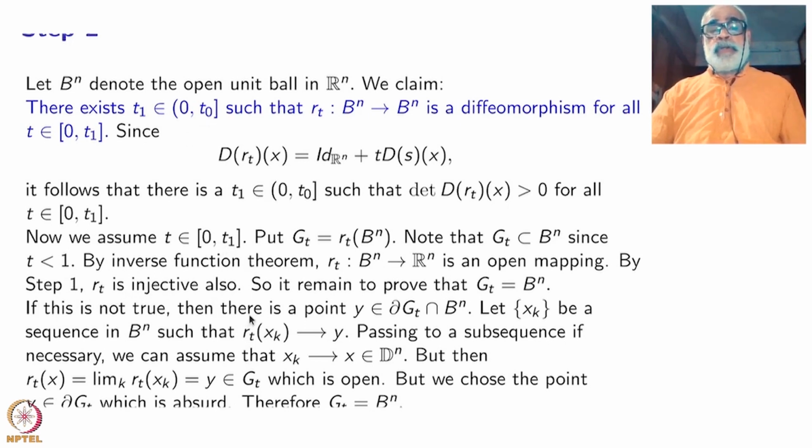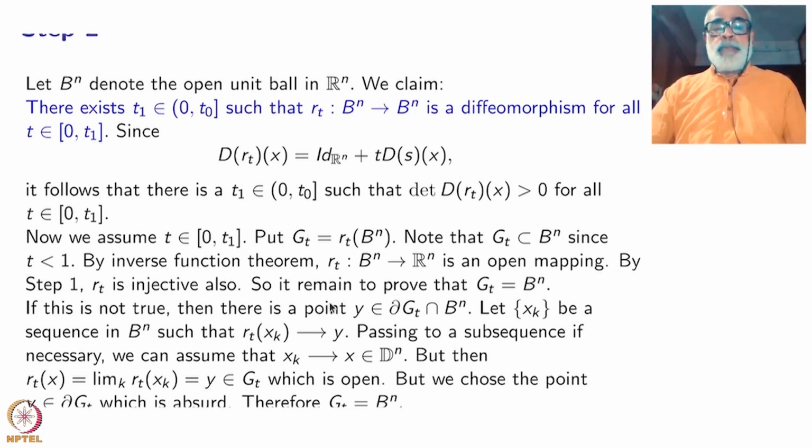So both of them will be true here. So it remains to prove that Gt is equal to the whole of Bn. That is the only thing which we need. What we have observed so far is that it is injective and an open mapping, and so it is a homeomorphism, a diffeomorphism onto Gt. So if you show Gt is actually Bn, you are done.